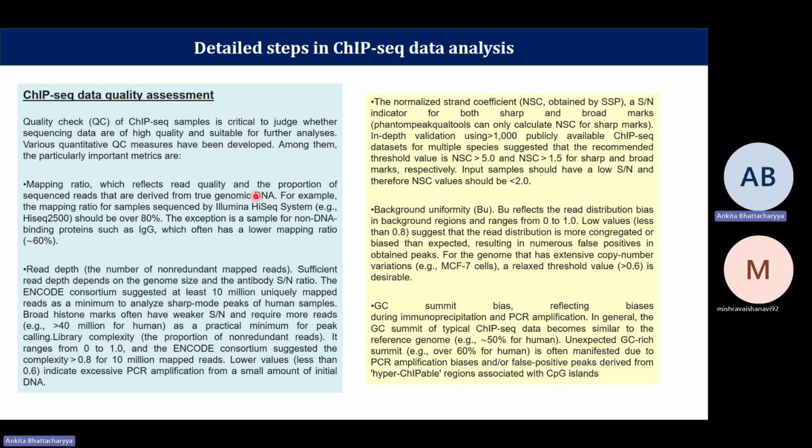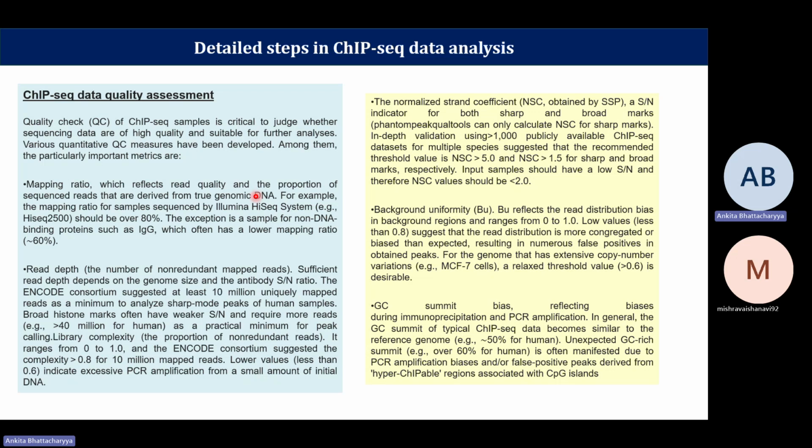Basically, what are we saying? We are saying what parameters need to be taken care of whenever you are analyzing ChIP-seq data. First is the mapping ratio, which tells you, among all of the reads you have gotten, what percentage or proportion has come from true genomic DNA and is not any other contamination.